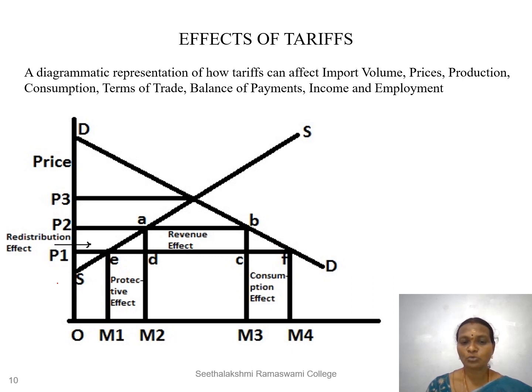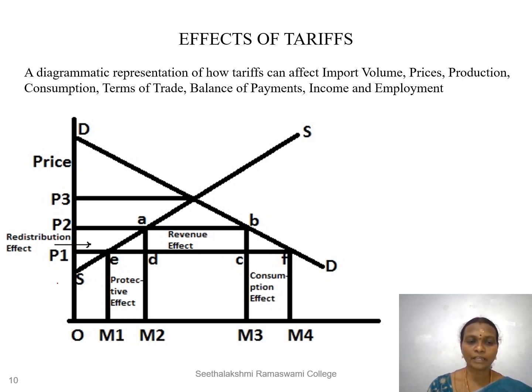So the country has to import M1M4 quantity from other countries to satisfy domestic demand. So what happens? The government, in order to reduce the demand, is going to impose a tariff.